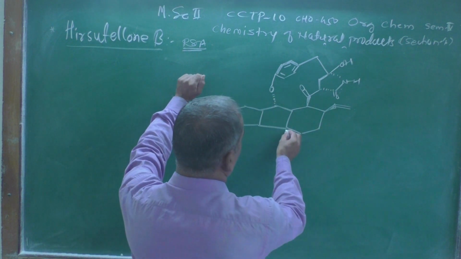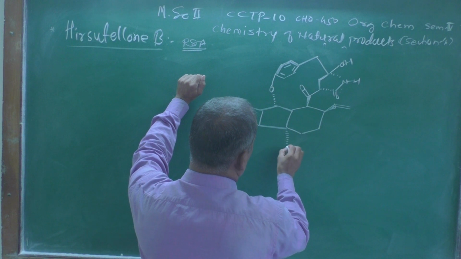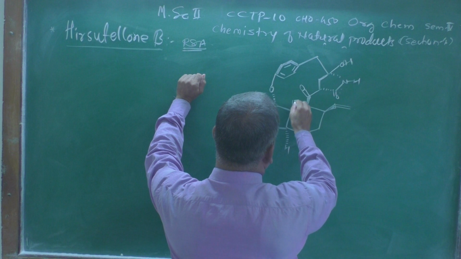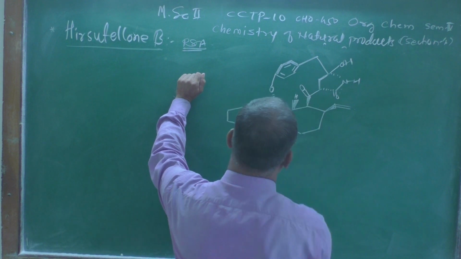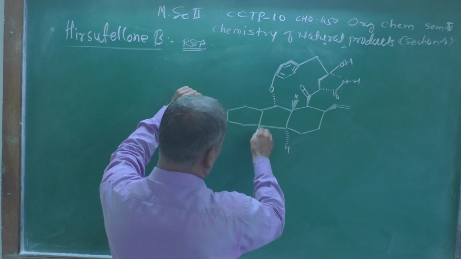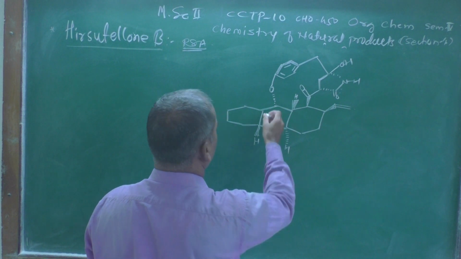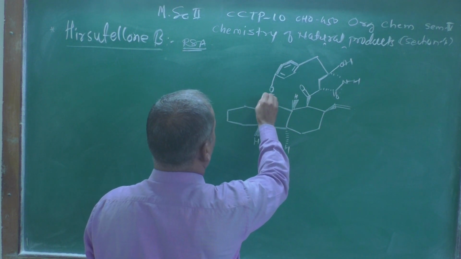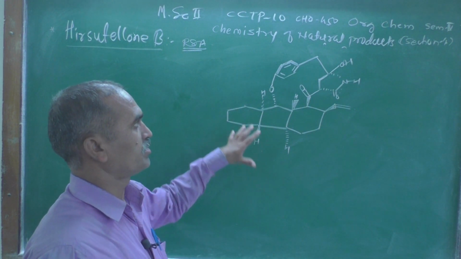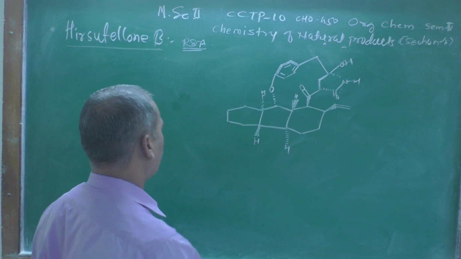Now at this junction you can draw the hydrogen like this, and this hydrogen we show as a trans junction. Alternatively, the hydrogen atom is shown by a thick line which is above the plane, and the bond shown by dotted line, because I am representing this compound stereochemically.